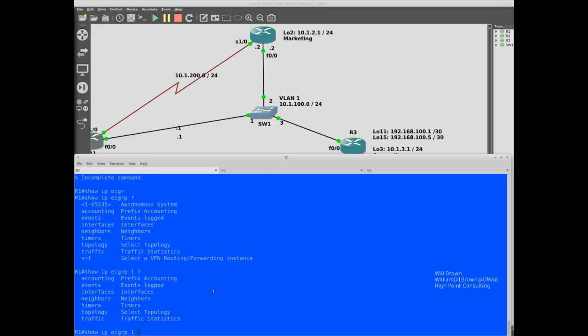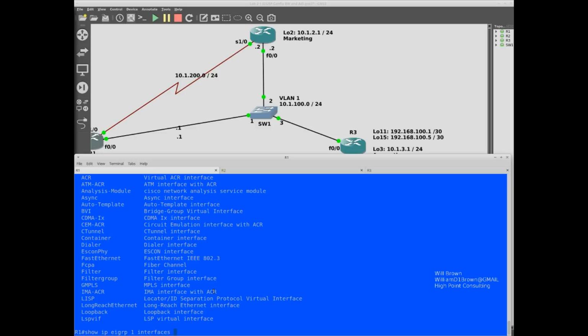Look at the AS. We've looked at interfaces. I think I'm okay for now.